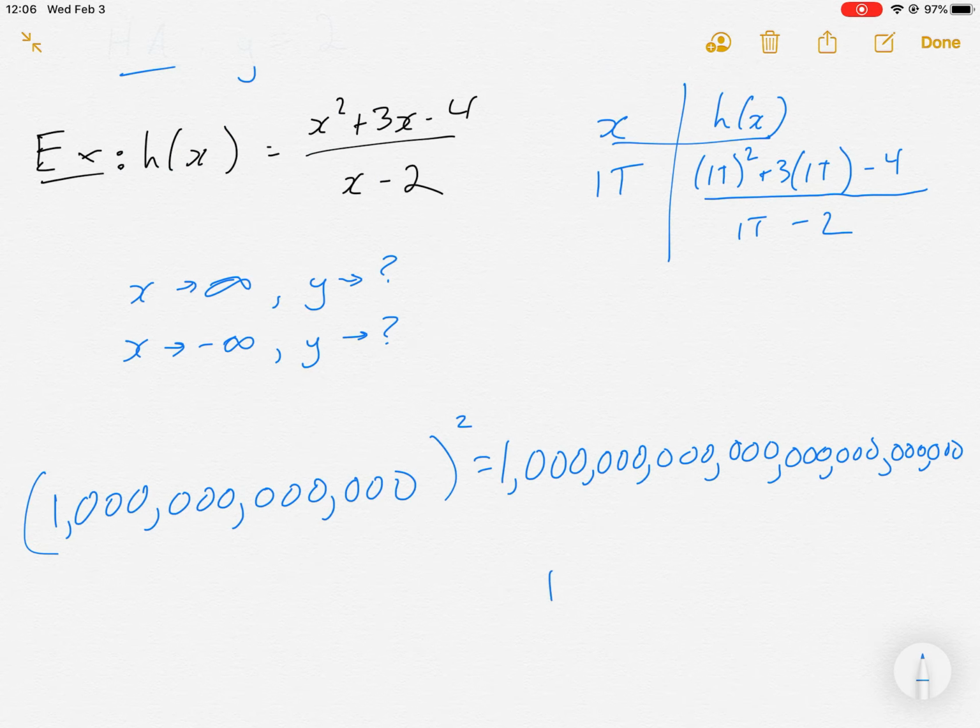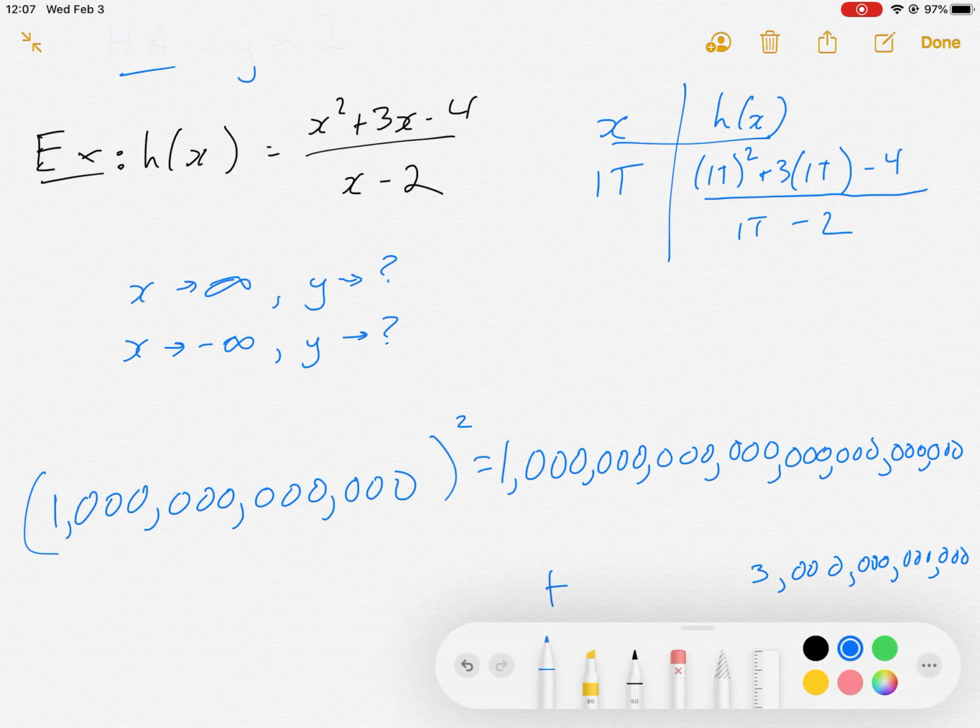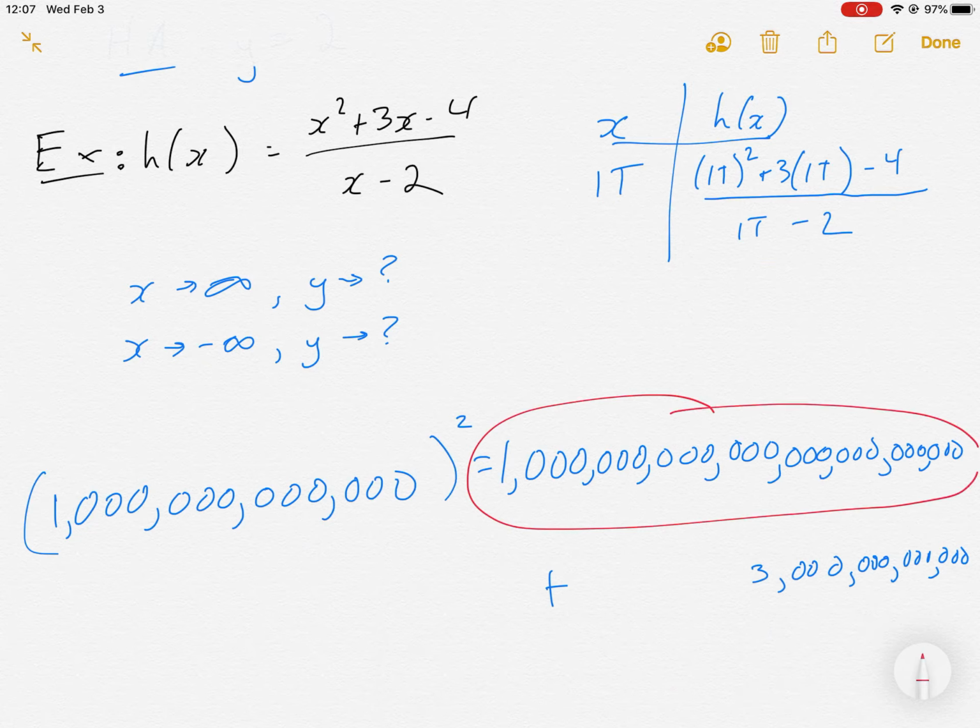Now, if you were to look at this plus 3 trillion, which is right here, just like that minus 4 was irrelevant to the trillion, 3 trillion is now irrelevant to this larger number here. So this larger number actually ends up taking over.